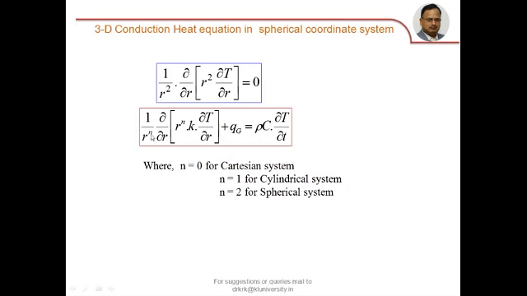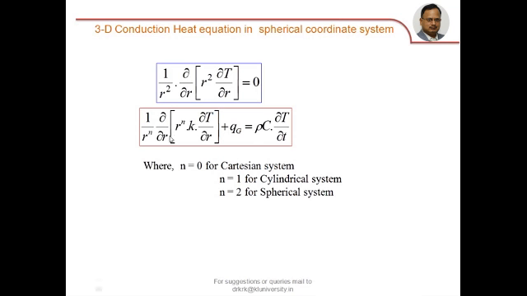Put n equal to 1, you will get 1 by r ∂/∂r of r ∂T/∂r plus q_g by k equal to ρc by k ∂T/∂t. That is what we have derived for one-dimensional conduction equation for radial system.